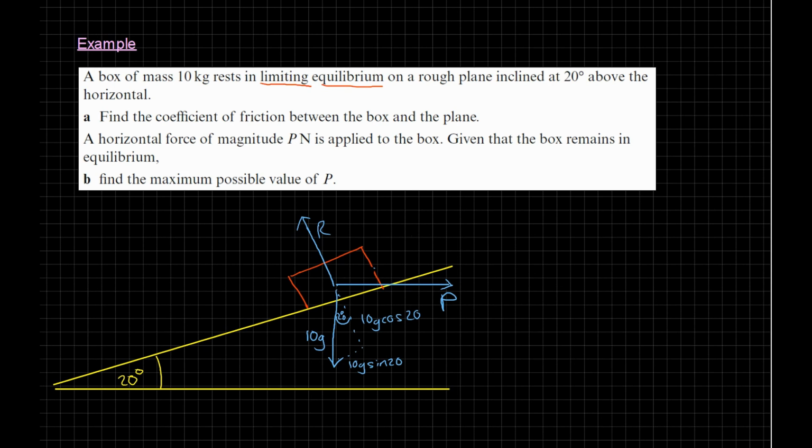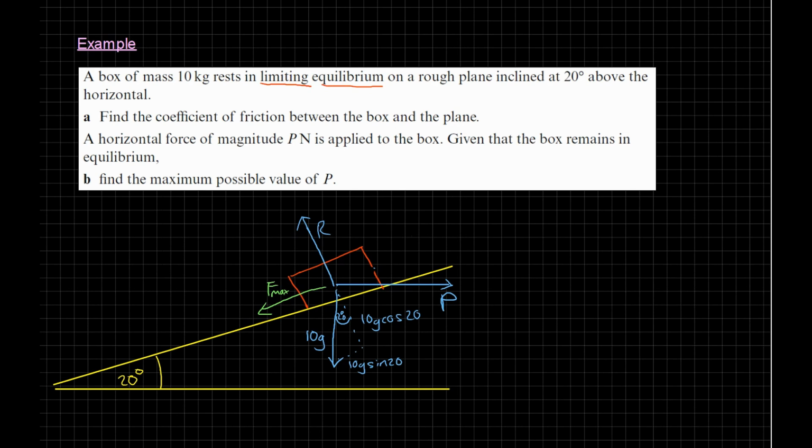So really this friction force is now going downwards. It's opposing the direction of the resultant, which is going upwards. It's still Fmax this time though, because again, it's going to be a limiting equilibrium, because I want to know what's the maximum possible value of p such that the box remains in equilibrium.